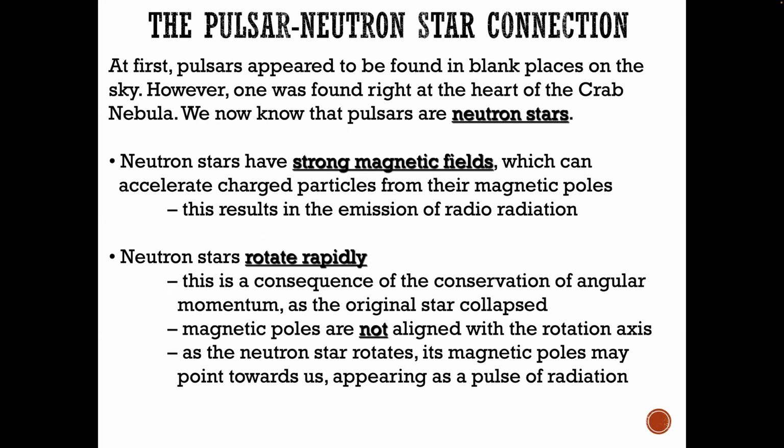So neutron stars rotate very rapidly, and this is a consequence of the conservation of angular momentum. If you need to understand this, think about it, this is a very basic principle. You had a huge star at the beginning, and then most of the material went away. Now you have a very small neutron star compared to the initial stage of the star.